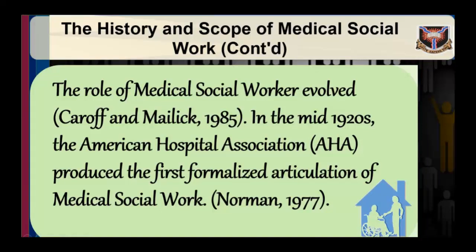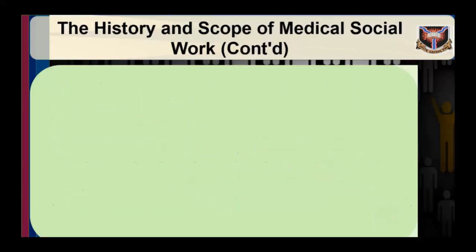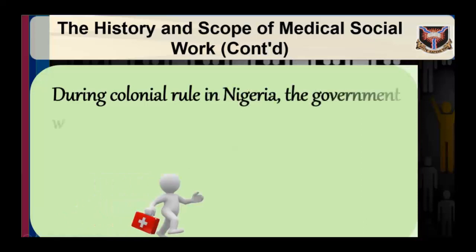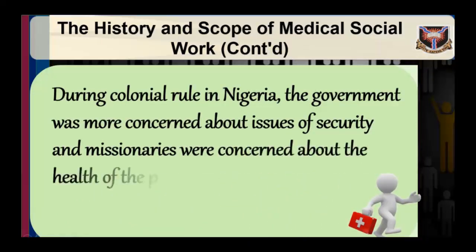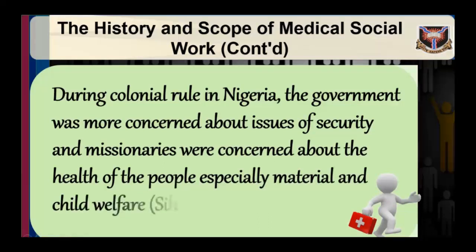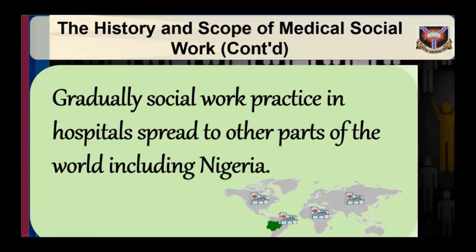Norman, 1977. During colonial rule in Nigeria, the government was more concerned about issues of security, and missionaries were concerned about the health of the people, especially maternal and child welfare. Seram, 1991. Gradually, social work practice in hospitals spread to other parts of the world, including Nigeria.